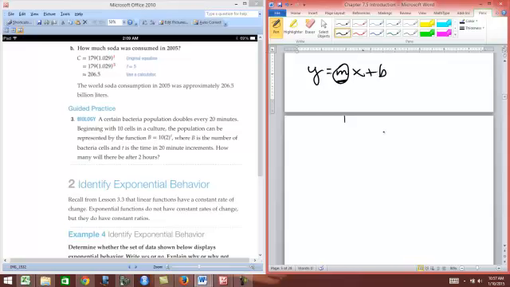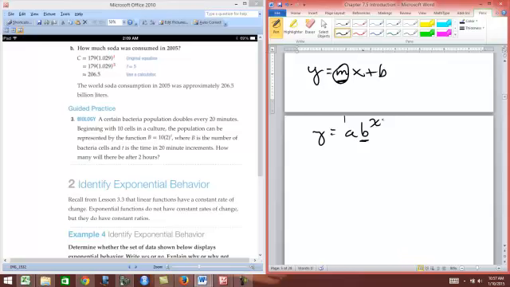Whereas with exponential functions, y equals a b to the x, we have a constant rate of growth. So we're not taking a and multiplying it by some fixed number. Instead, we're multiplying it by a rate. It's two very different things. M is a rate, but this is a ratio of growth, and x is the number of times that we apply it.